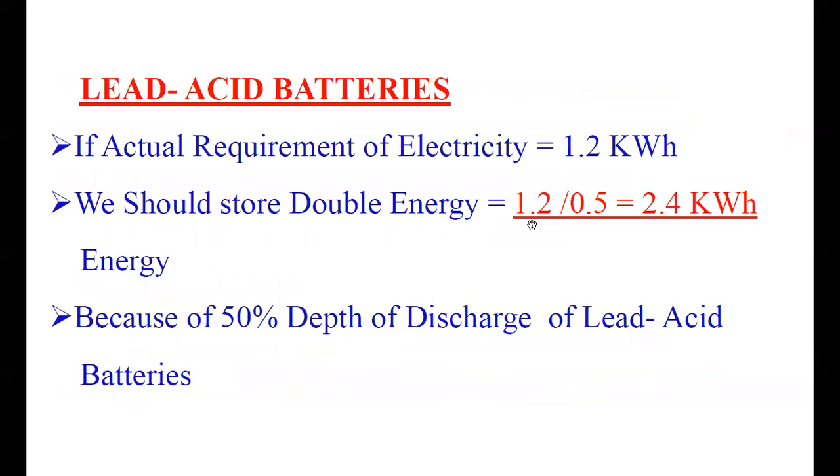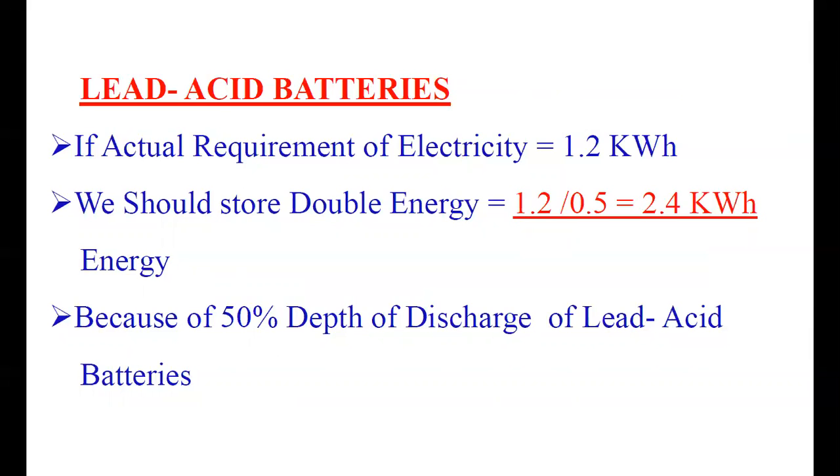So we can go for a simple calculation. The actual requirement of electricity will be 1.2 kWh, or 1.2 units of energy. If you are considering a lead acid battery with only 50% depth of discharge, we have to store double the energy. Then only can we use 50% of the energy for the power requirement.